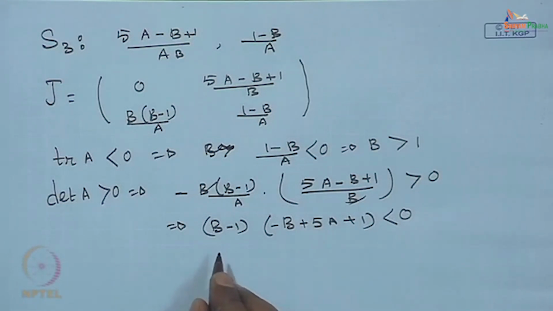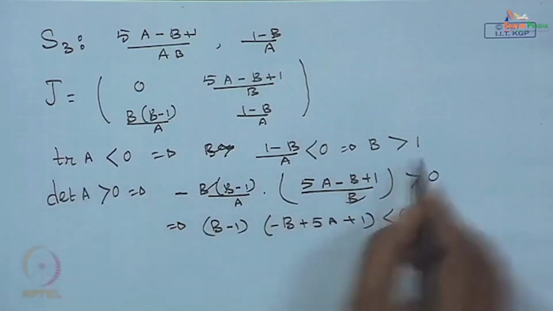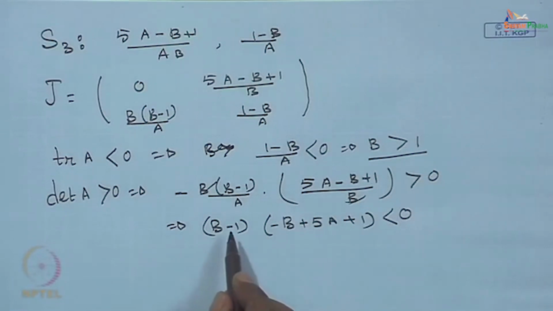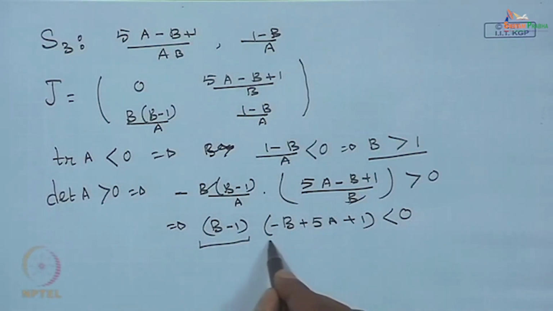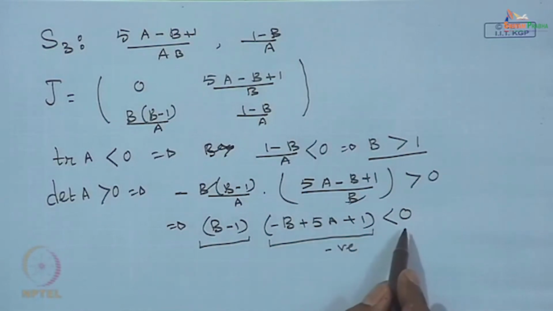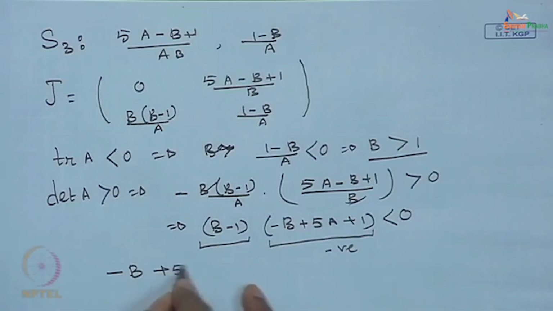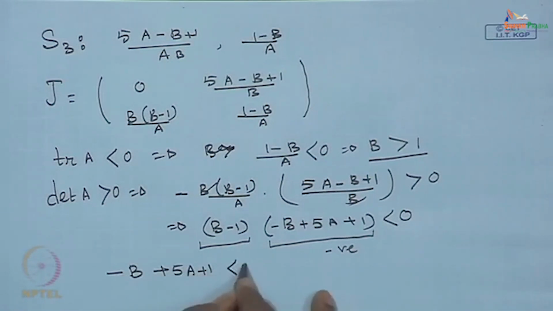So, this condition can be satisfied, but we have already seen that for a stable steady state, trace must be less than 0, that means b must be greater than 1. So, this is always positive. Now, to get a negative number, it has to be negative, then only the product will be negative. So, therefore, in order to get the stability, we must have minus b plus 5a plus 1 less than 0.